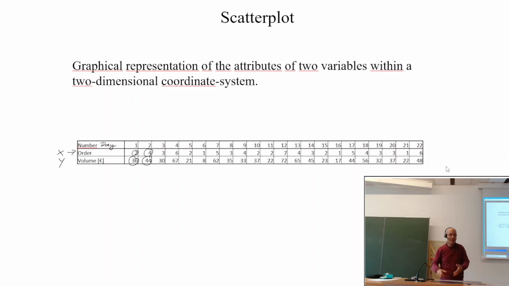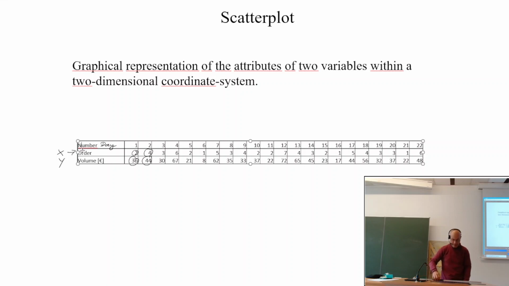If we look only at this table, it is quite hard to directly identify: is there a dependence? The higher the number of orders, the higher the volume, or not. Because, of course, this does not have to be the case. And for this, the easiest way to look at this is to use a graphical representation.